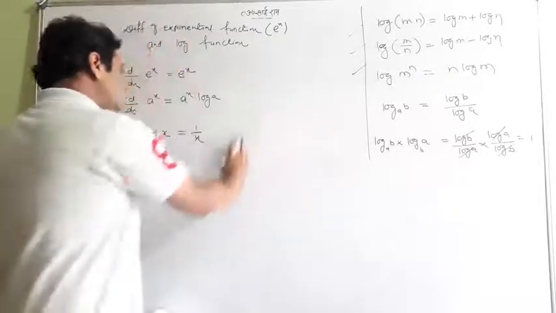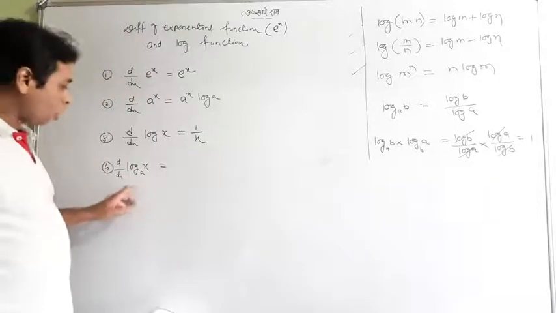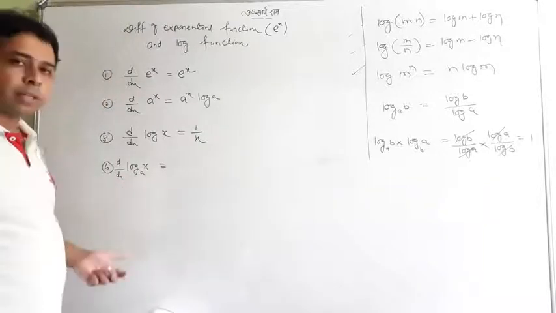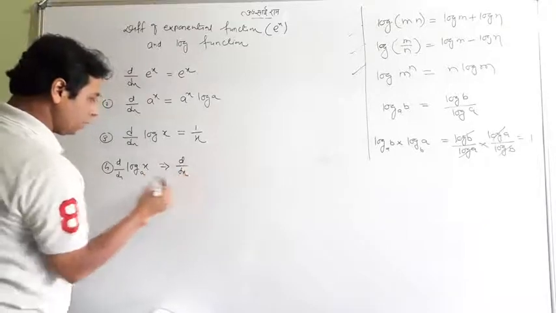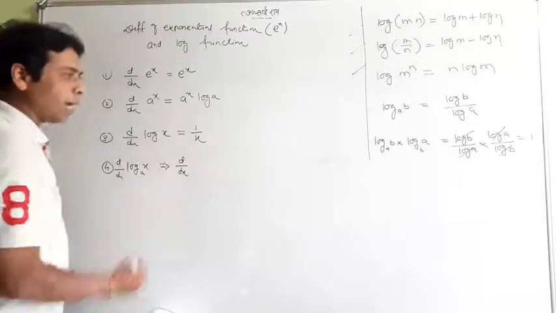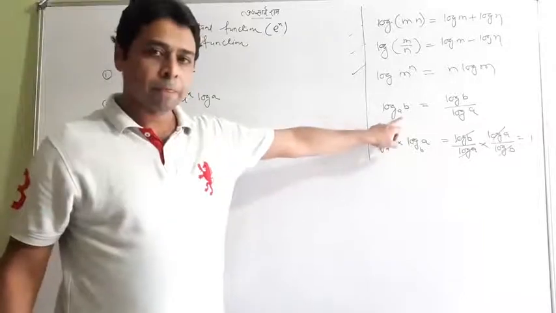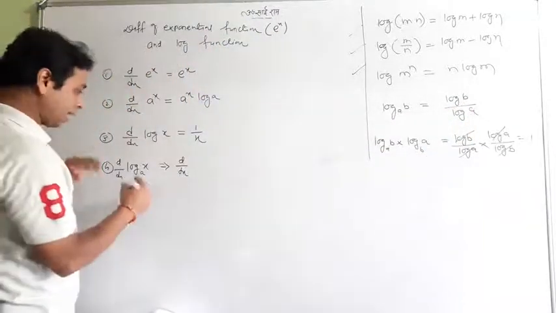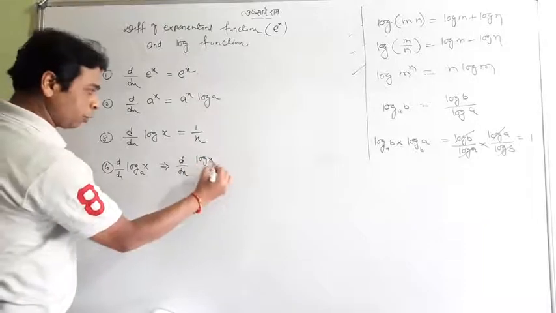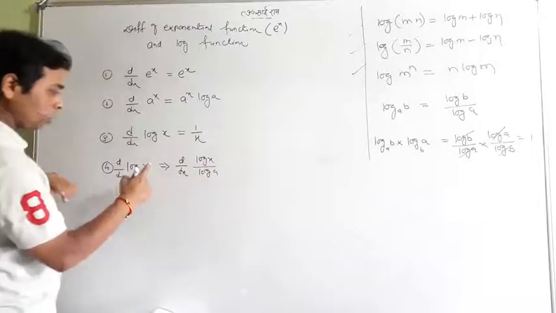Okay, now I don't want to waste time. Come here first, log base a of x. I want to find the answer. So how can I find the answer? I tell you, d by dx of log x at base a, I want to separate by this formula, and the formula is log b upon log a. So I'll write log x upon log a.